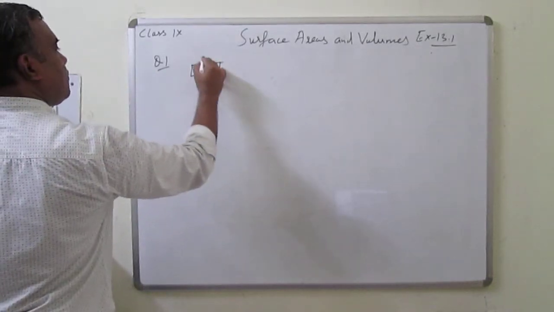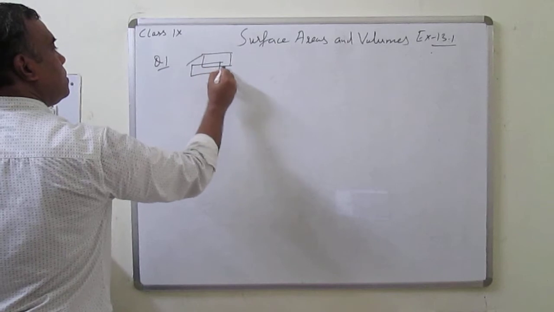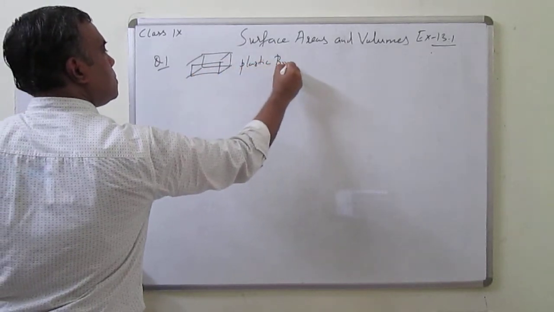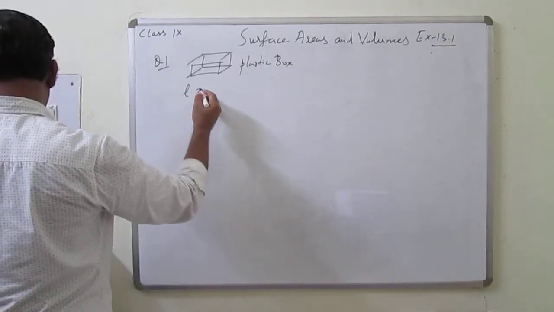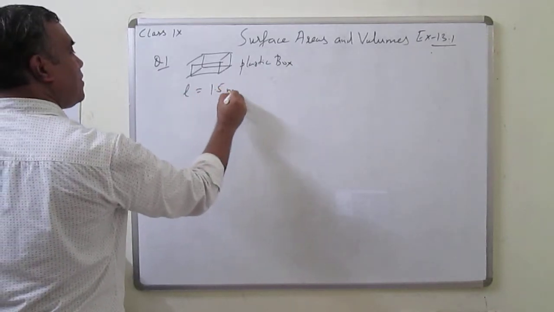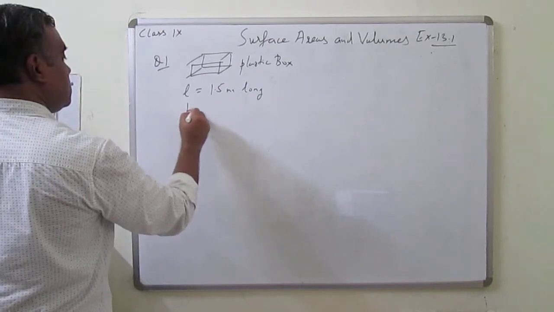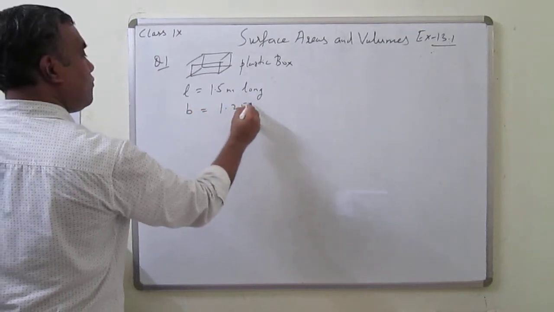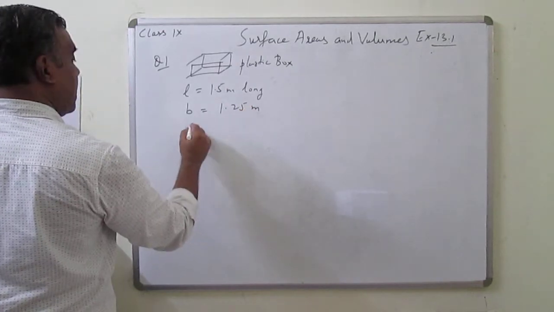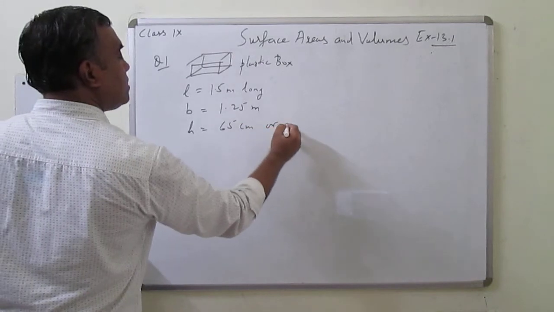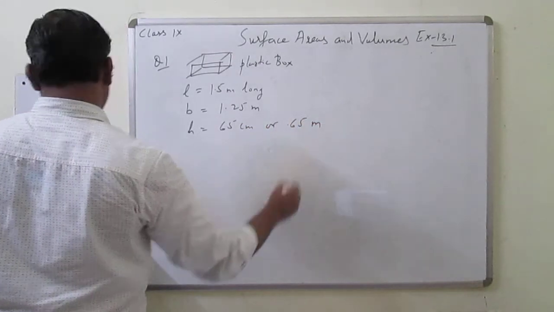It is the shape of a cuboid. Its length is 1.5 meter, breadth is 1.25 meter, and height, or depth, is 65 centimeter, or you can say 0.65 meter.